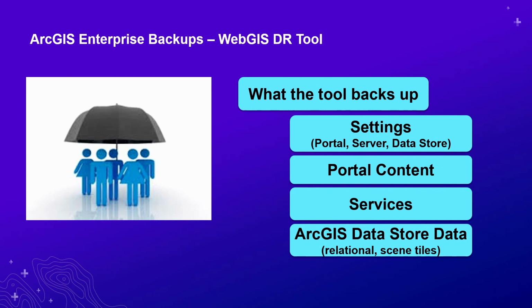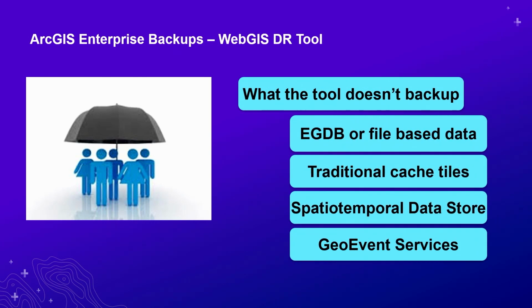There are backup utilities available for server outside of the DR tool. So while we talk about what the DR tool does back up, we also have to mention what the DR tool won't back up. So what you or your organization have to be responsible for outside of the DR tool. First is any enterprise geodatabase data or file-based data.